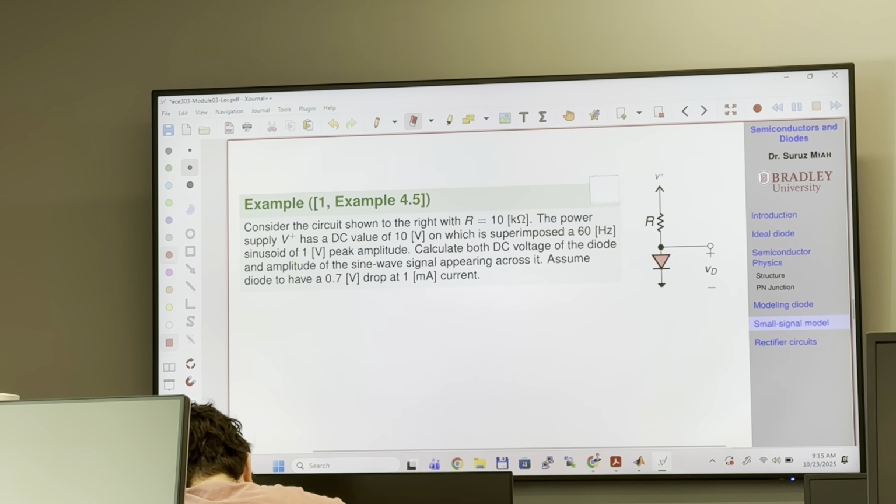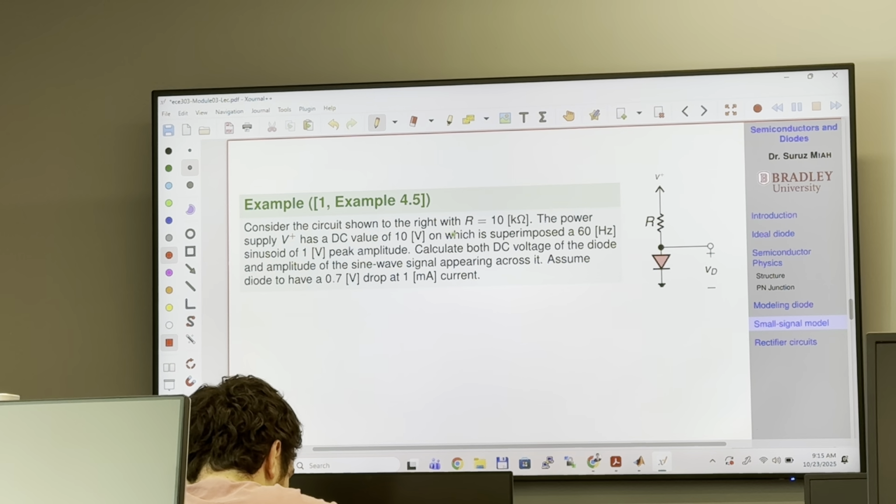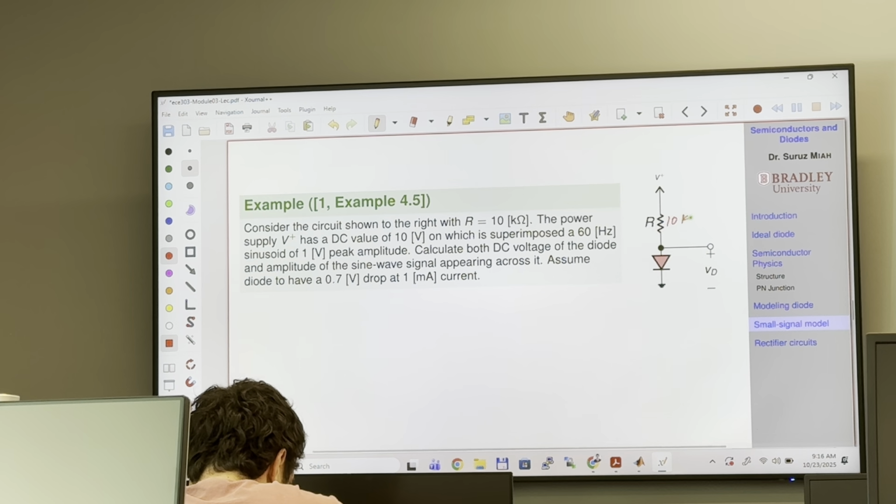Consider the circuit shown to the right with R equals 10K. So you have 10K resistance here.